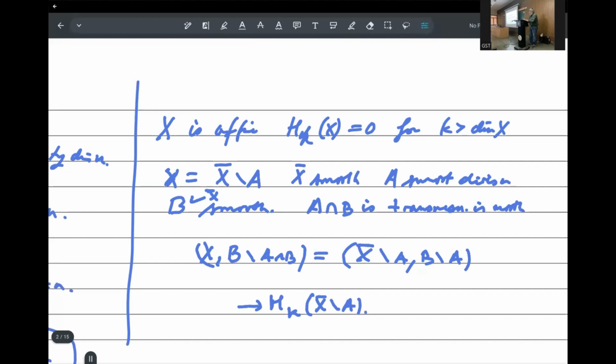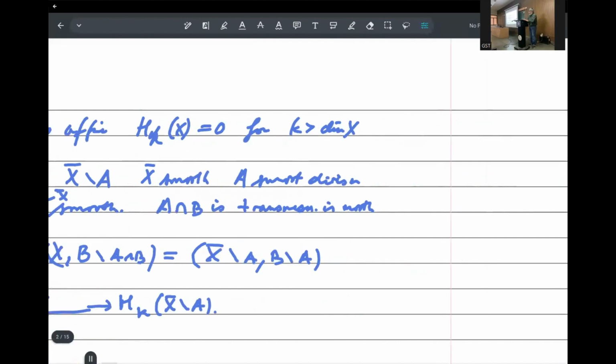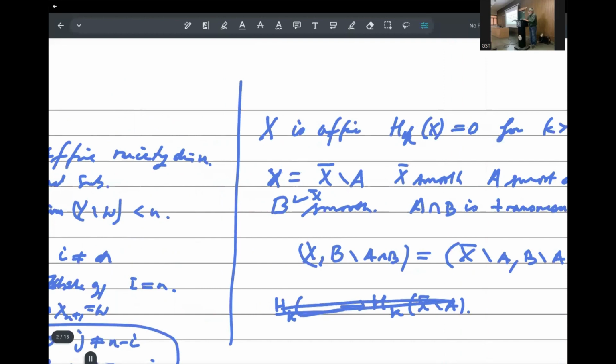And then here I have H^k of X bar minus A, B minus A in the middle term.